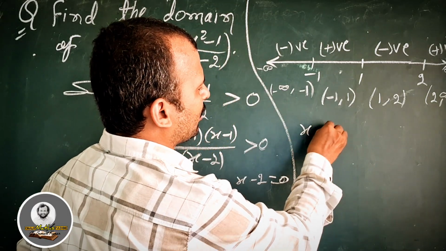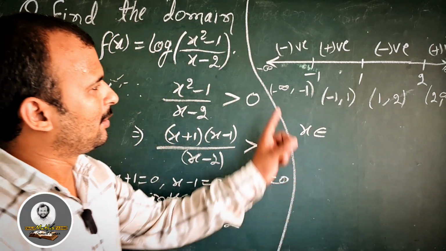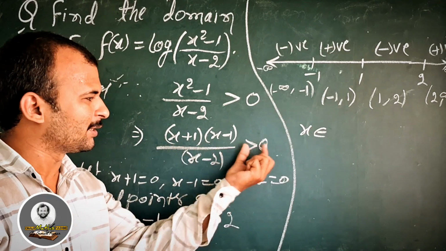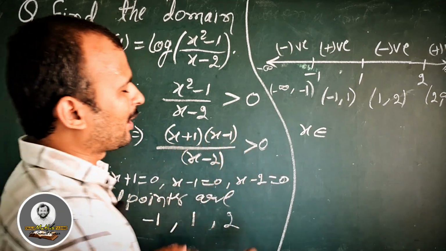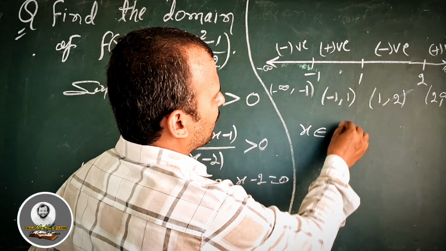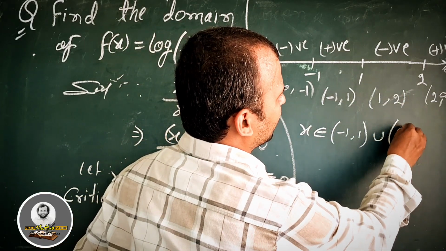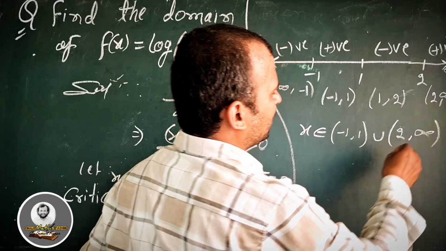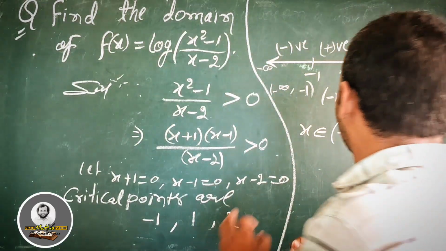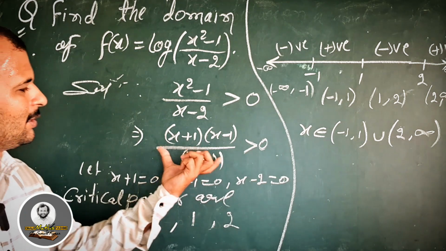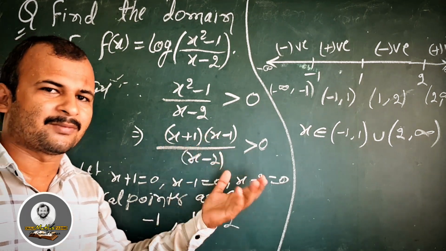Hence x belongs to where? We should get a positive value, meaning greater than 0. So we write x belongs to (-1, 1) union (2, infinity), because if we put values of x from these intervals, the inequality is satisfied.